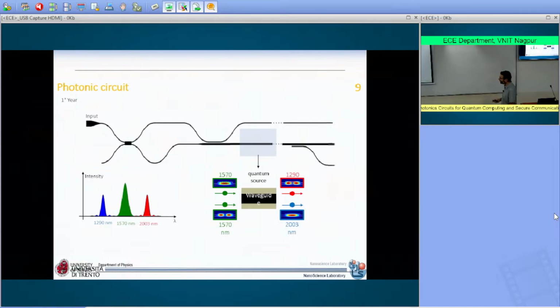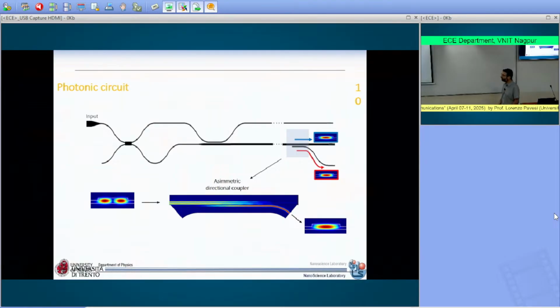And the energy of the photons that are generated is very far away from the energy of the pump photon. We have the idler photon at 1.29 micron and the signal photon at 2.03 micron. Now in this multimodal waveguide, which can be as long as you require, the idler photon is traveling on the second order mode and the signal photon is traveling on the first order mode.